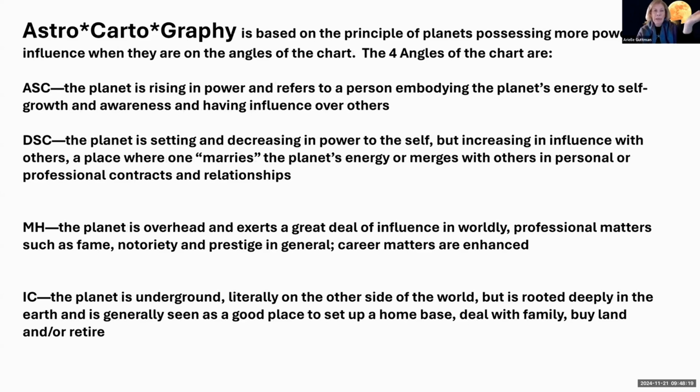So it's about personal growth: who am I? The descendant is the planet setting. So it's already been in the upper world of the public sphere, and now it's setting. Now it's moving into the personal sphere. This is a place where one marries the planet's energy or merges with others in a personal way.